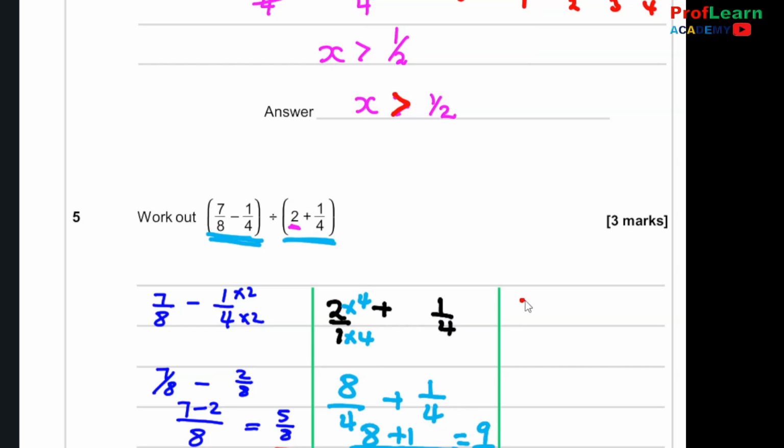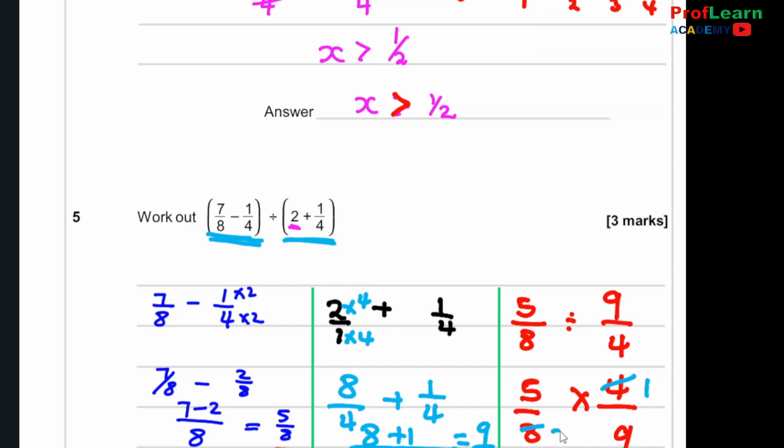So this is going to be 5 over 8 divided by 9 over 4. If you want to change the division to a multiplication, this is going to be 5 over 8 times 4 over 9. And you can see that we can cancel once, and this goes twice, and finally our answer becomes 5 over 18.